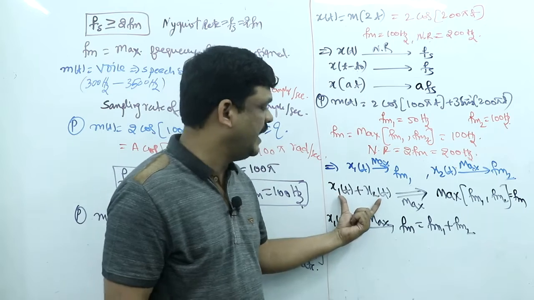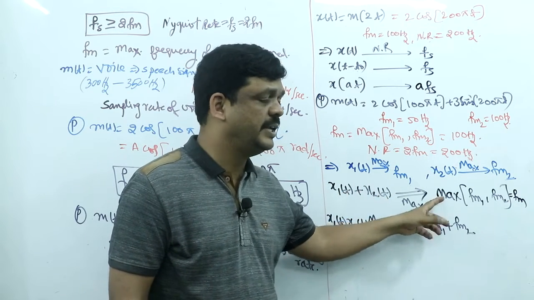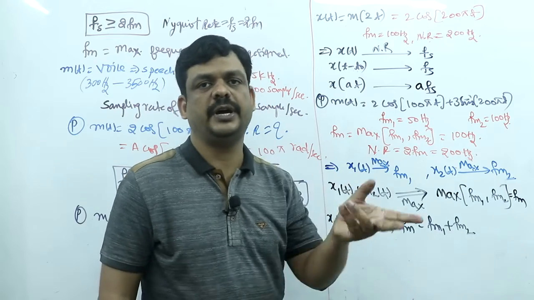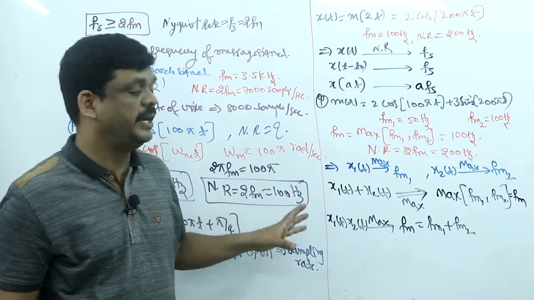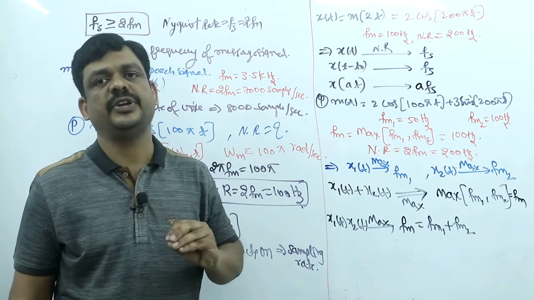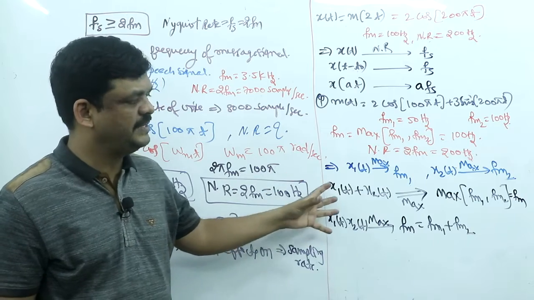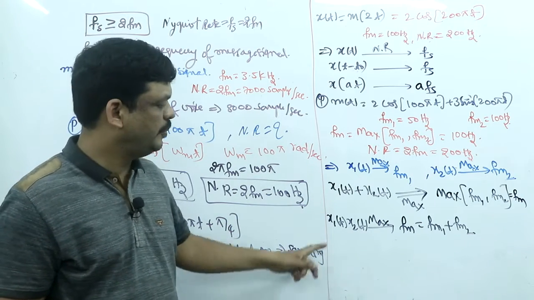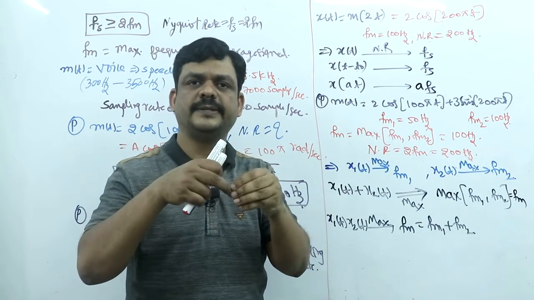And if the 2 signals are added, then the maximum frequency is the maximum of the two, FM1 comma FM2. So these are some standard equations. To find the maximum frequency of the given signal, we have to use these formulas here, right? For the product, let us take the sine function and cos function, both multiplied.